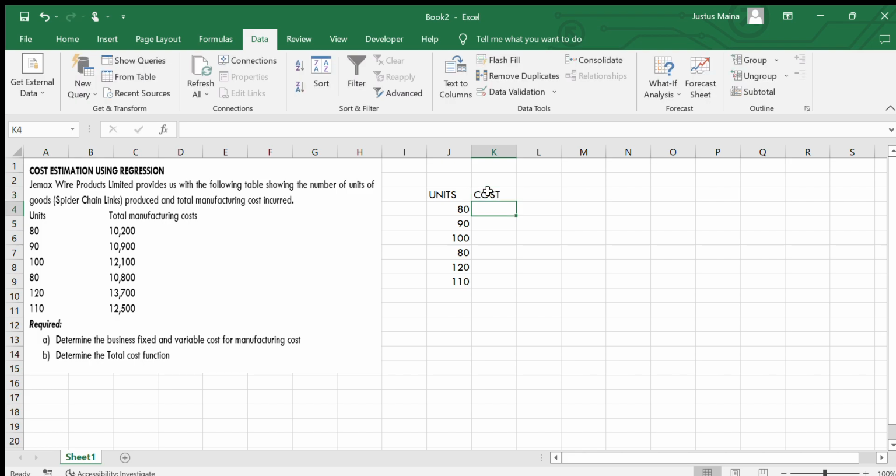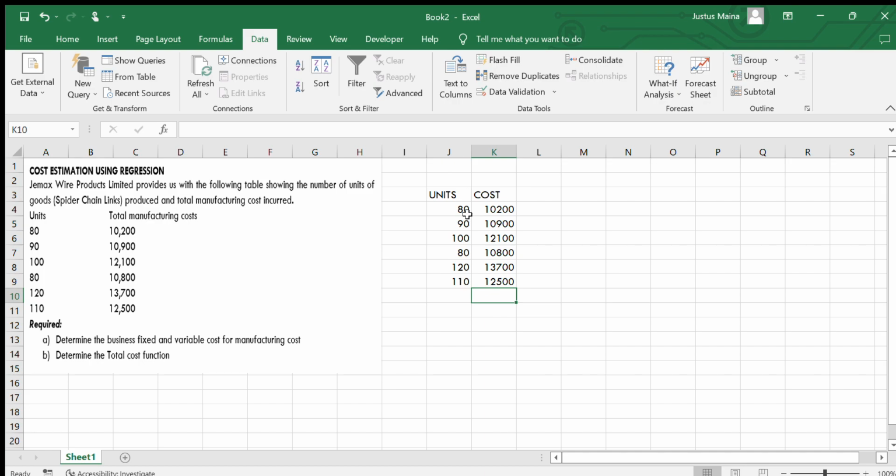So this is the cost, and we can say it is 10,200, 10,900, then we have 12,100, then you're given 10,800, you also have 13,700, and you also have 12,500. So those are the figures there.